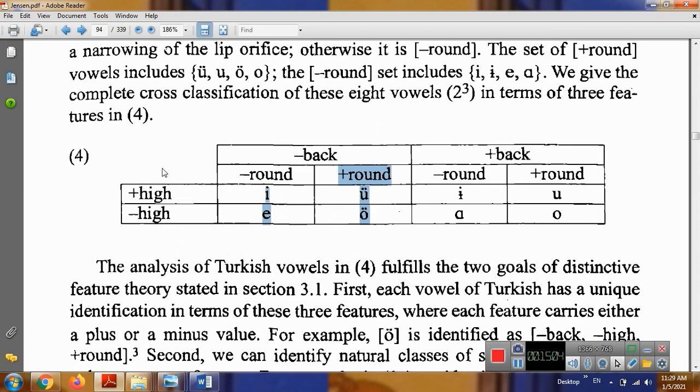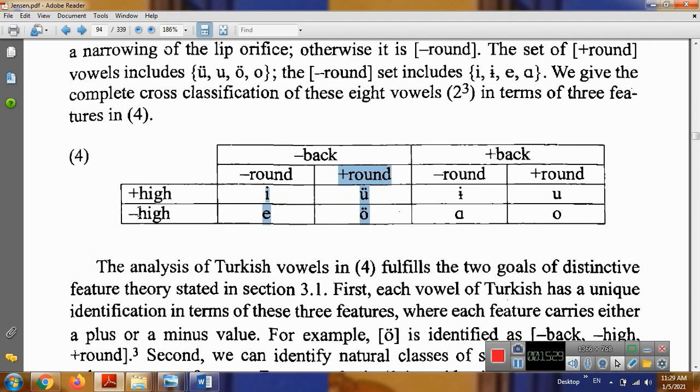I want to check this matter. I want to find the shared feature between these four vowels, after which we have the suffix form of ler. Here e and u are plus high, but a and u are minus high.